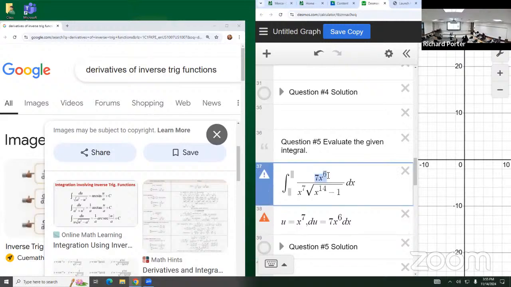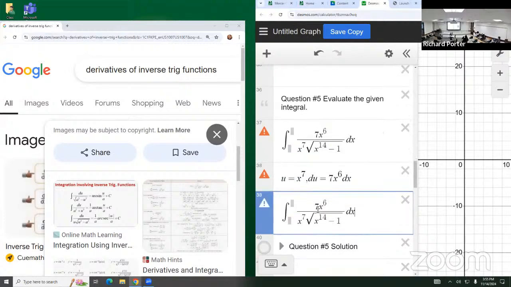Okay, so in our problem, just copy it. That's the original problem. So 7x to the 6th, I'm just rearranging it algebraically. That 7x to the 6th right there is all going to be replaced with du.